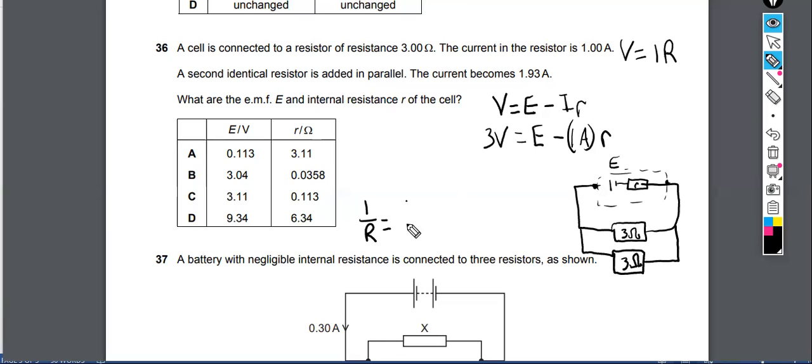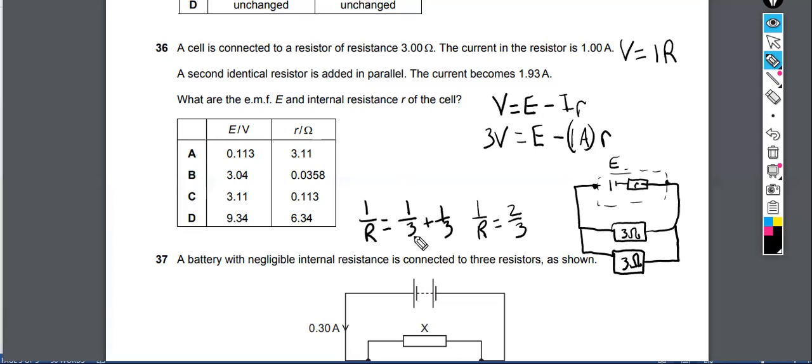So here we've got 1/3 plus 1/3 equals 1 over the equivalent resistance of the parallel circuit. 1/3 plus 1/3 is 2/3. So 1 over R equals 2 over 3. Again, I'm expecting you to be familiar enough with how we add resistors in parallel.